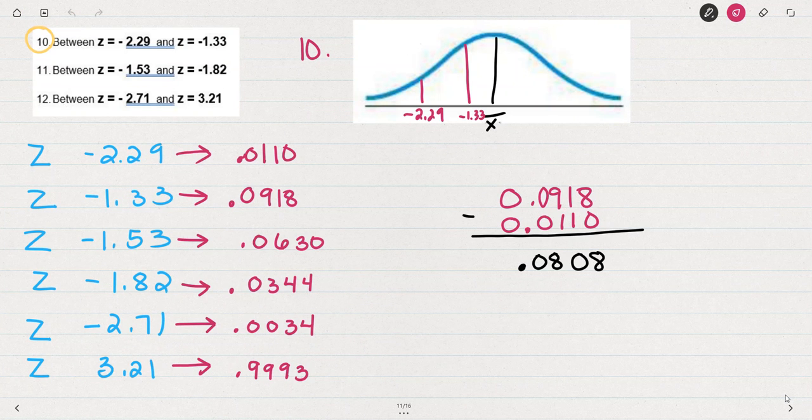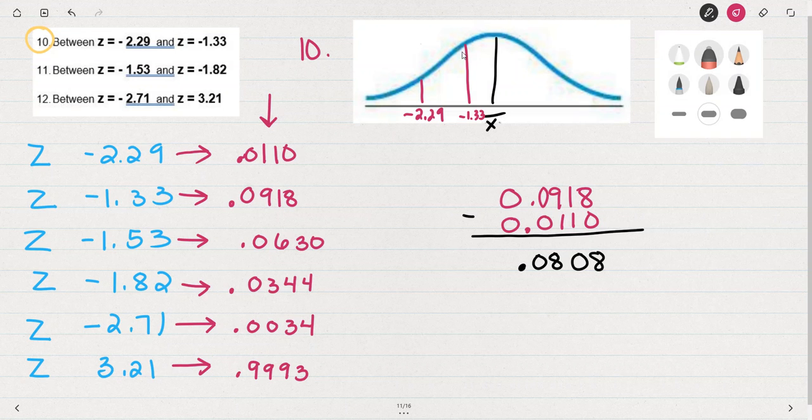For 10, 11, and 12, I've already collected the z-score values from the chart. You can see the values from the chart written in pink here. Make sure, don't just copy those numbers, make sure you can get those numbers from the chart also. But let's look at how we would use those numbers. If I'm trying to find the area between a z-score of negative 2.29 and negative 1.33, that's this area that's highlighted pink.